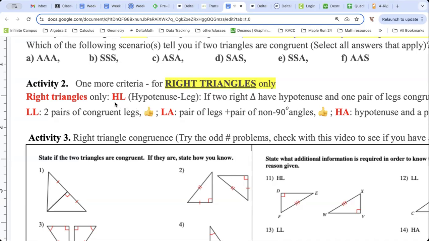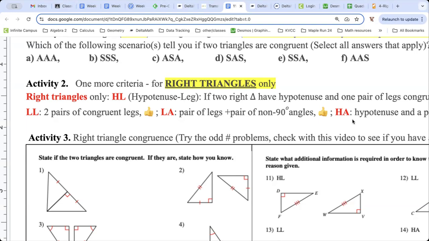First one's HL. If the hypotenuse and one pair of legs are congruent, then the two triangles are congruent. Very simple. Only two things. In general we need three items, but here just two for right triangles. Hypotenuse, leg, and also HA, hypotenuse, angle, which makes it easier to remember.